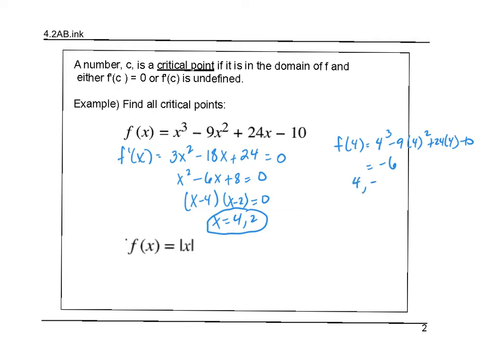So 4 comma negative 6 is a critical point. And f of 2 is equal to 10. So 2 comma 10 is the other critical point.